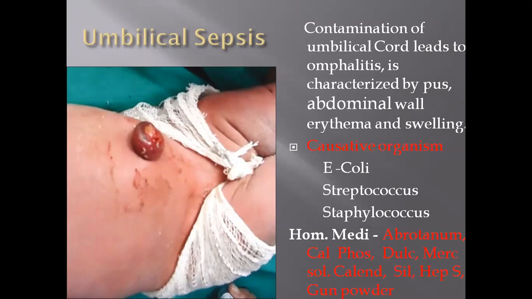I am confident that as a beginner, if you remember these medicines, abrotanum, calcarea phos, dulcamara, mercurius, silicea, hepar sulph, gunpowder, and calendula, it will help you immensely in your practice life.